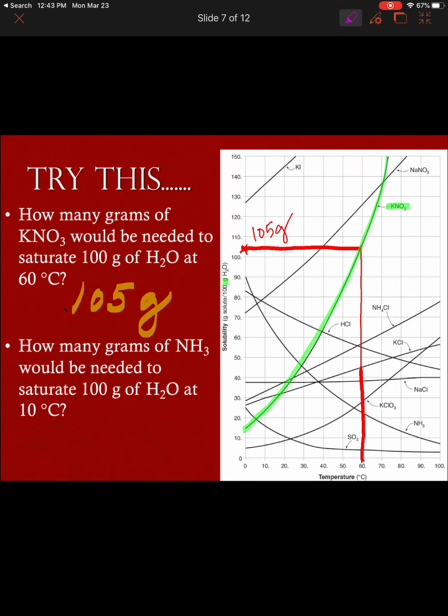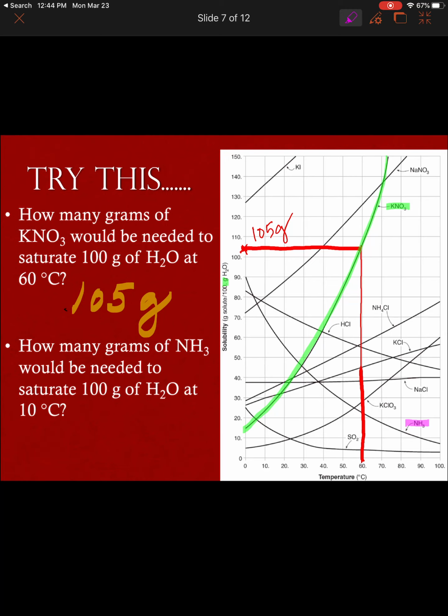How many grams of NH3 would be needed to saturate 100 grams of water at 10 degrees Celsius? Again, this entire chart refers to 100 grams of water, so we're just going to ignore that for right now. Let's find NH3, which is here.